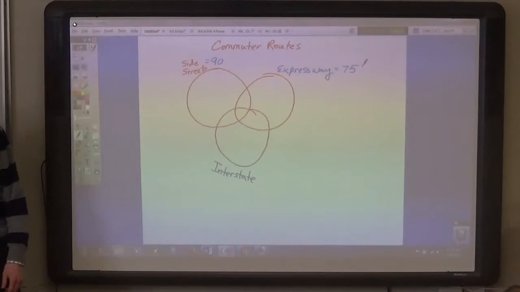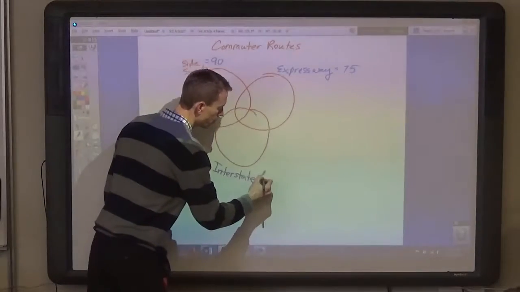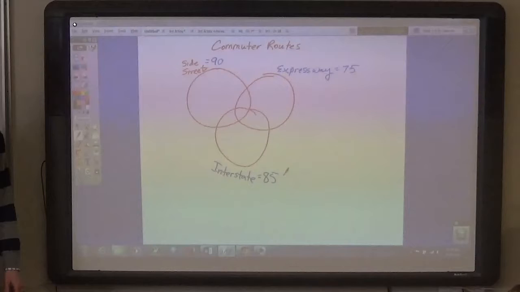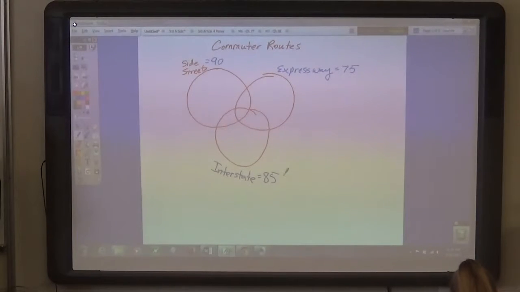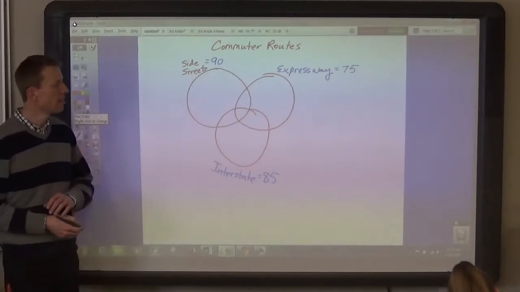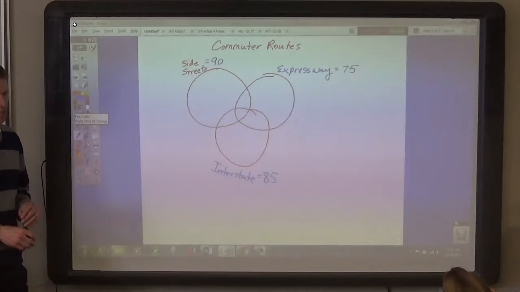And 85 use the interstate. Then, 15 commuters use both side streets and expressways.